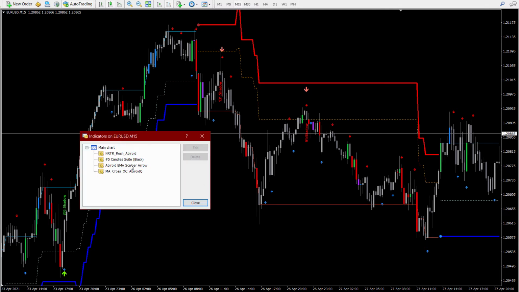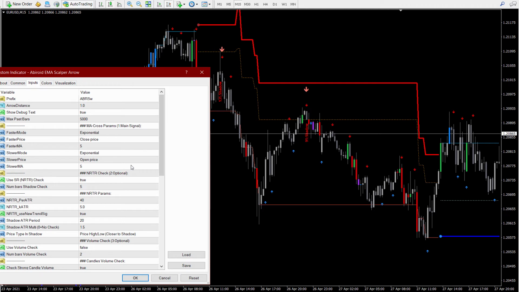Before we talk about volume, let me just show you another setting, the number of bars in the shadow. Suppose this buy signal was outside the shadow, then it will check this number of bars back, 5, like right here.